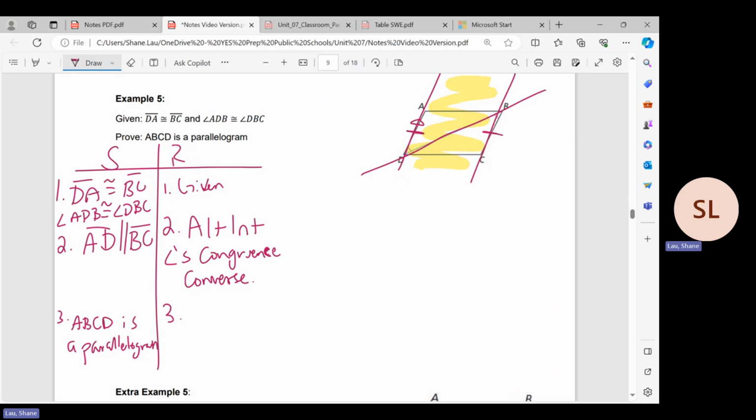Well, if the same side is both parallel and congruent, we have our opposite sides parallel and congruent theorem. There's not a converse, it's just theorem.